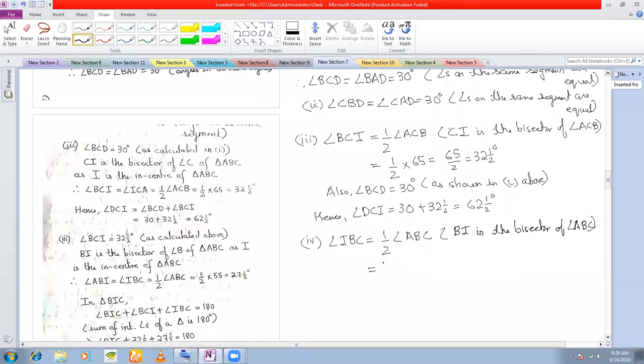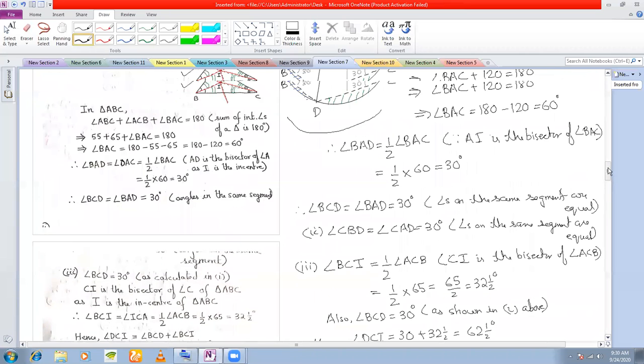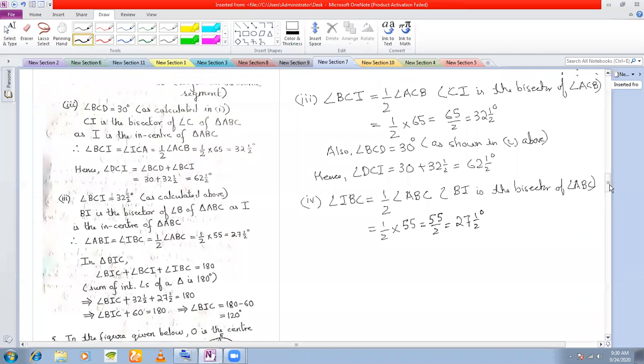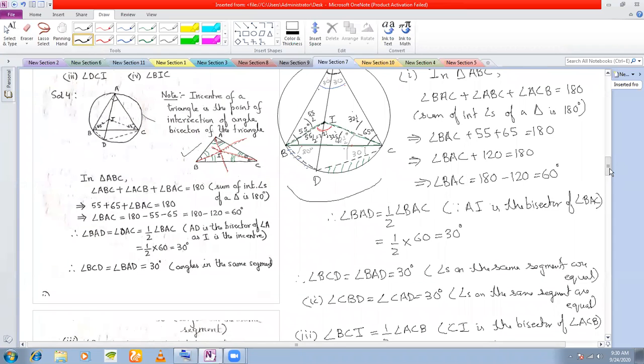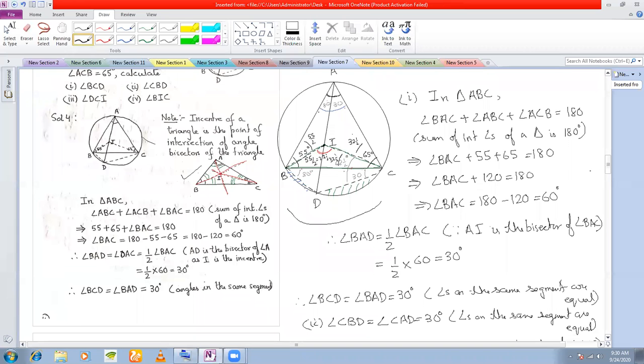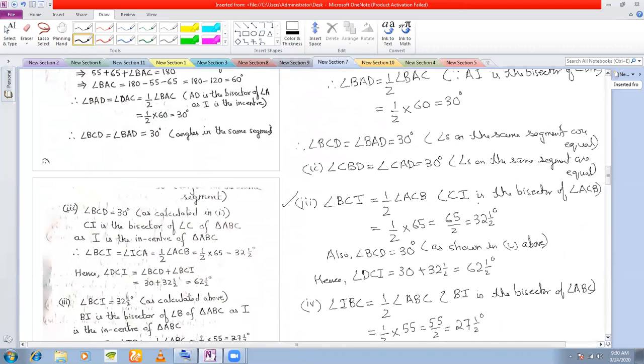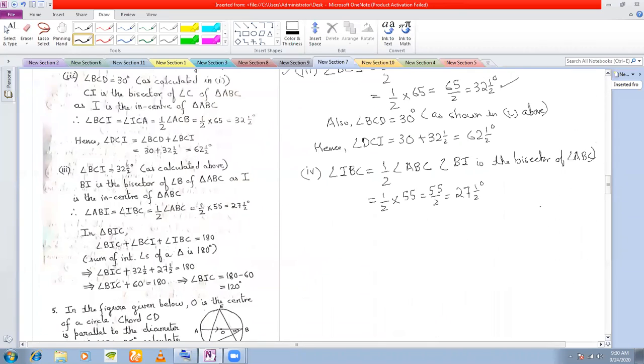Okay, so this comes to half into 55, 55 by 2. So this is 27 and a half. Next, angle BCI you have already found here in 3. BCI you have found how much? 32 and a half. Angle BCI is equal to 32 and a half, as shown in 3 above.